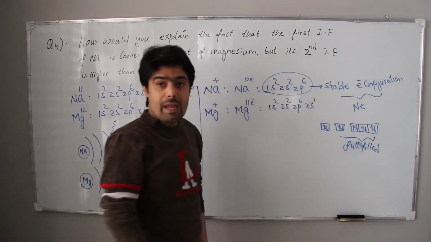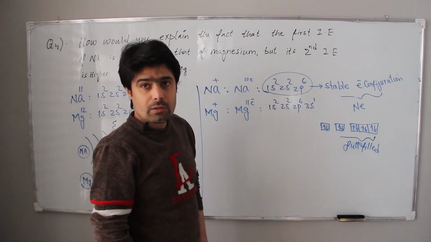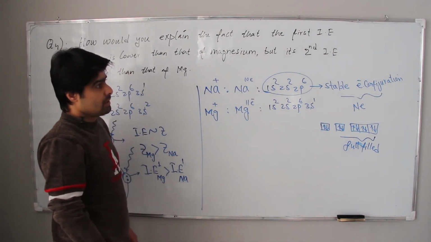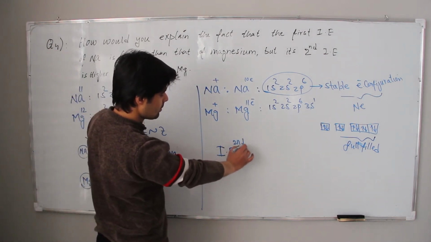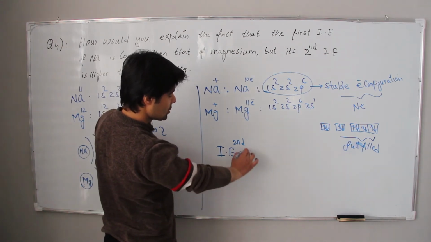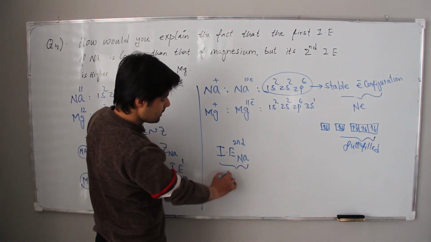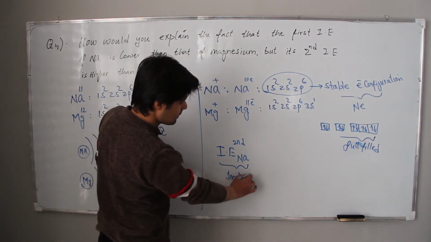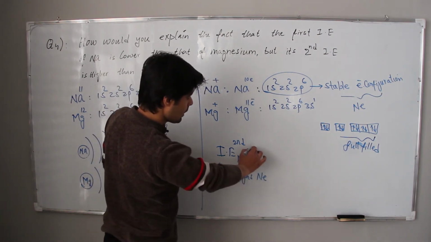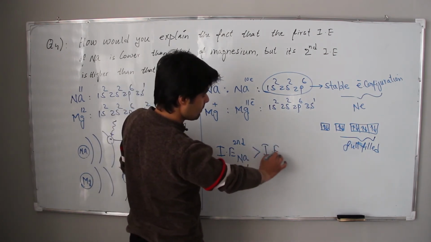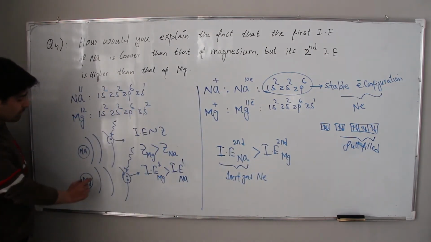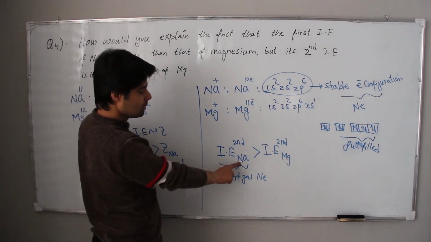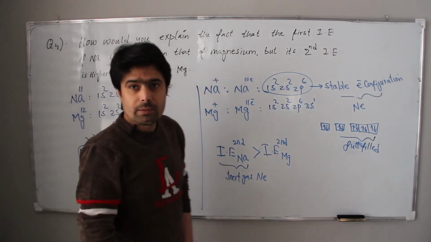Now for a fully filled electronic configuration, ionization enthalpy is more. For this reason, we can say the second ionization enthalpy of sodium, which has changed to the inert gas configuration of neon, is more than the second ionization enthalpy of magnesium. The first ionization of magnesium is more than sodium, but the second ionization of sodium is more than magnesium. Write it, please.